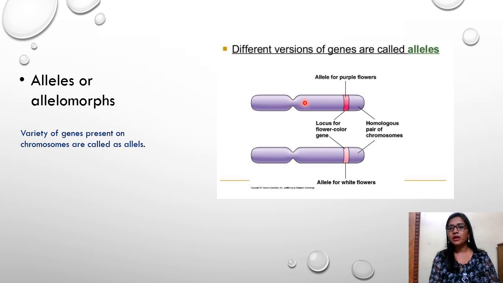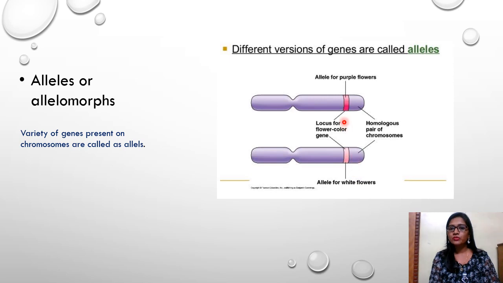For example, this chromosome comes from a plant which forms purple flowers, so this gene carries the allele for the purple flower. This other chromosome comes from another plant, with the allele for the white flower, which expresses itself in the form of white flowers.